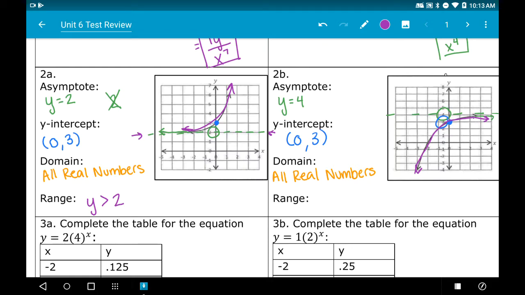So it will never go above it. So when it's underneath, it's going to be y is less than whatever our asymptote is, which in this case was a 4. So y is less than 4. So again, on this one, it's above the asymptote. That's why it's greater. This one, the graph is below the asymptote. That's why it's less than.